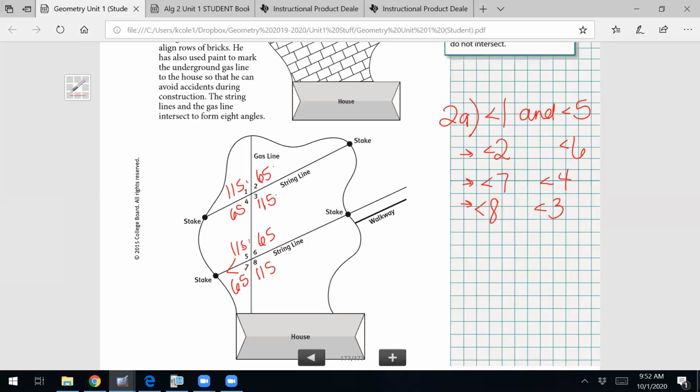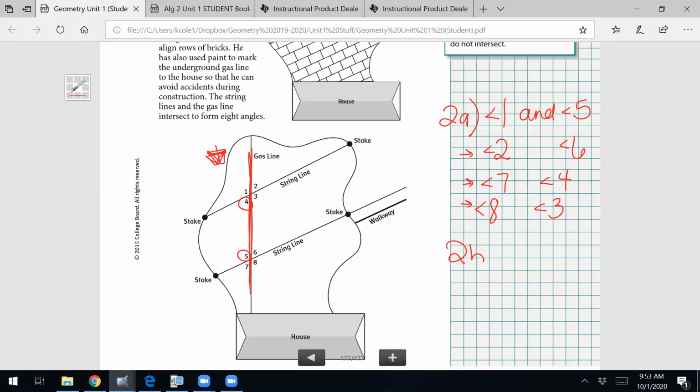So if I'm looking at my transversal and I'm staying on the same side and I'm going to stay on the left, who are going to be my same side interior angles? 4 and 5. They're on the same side. They're on the inside. So that's what? 2B.